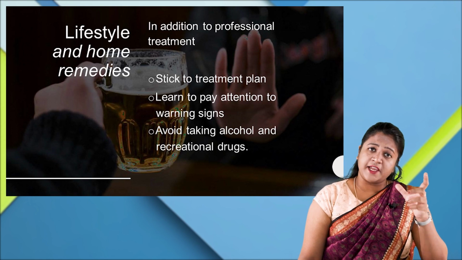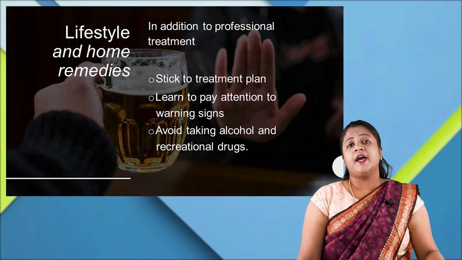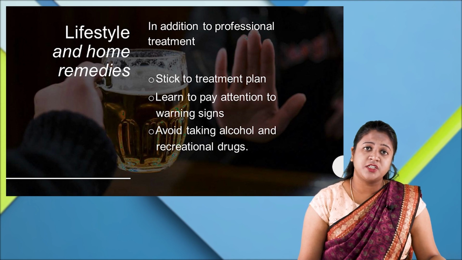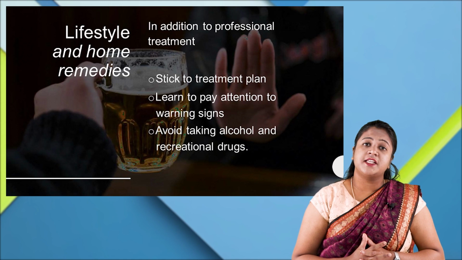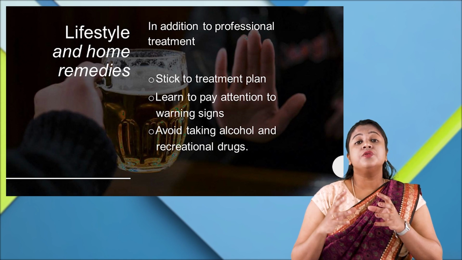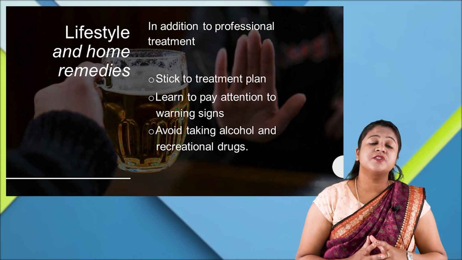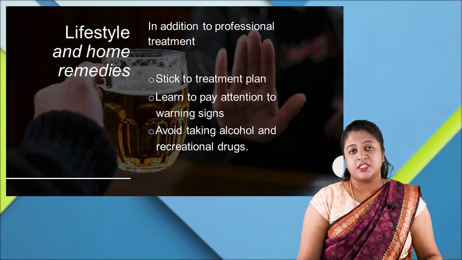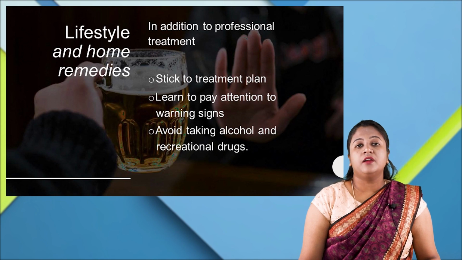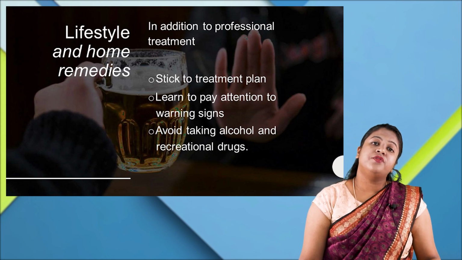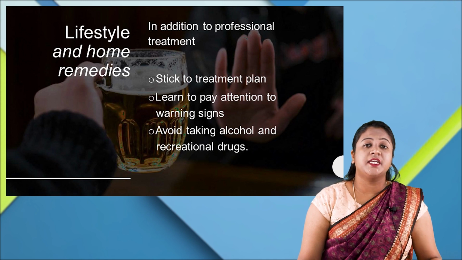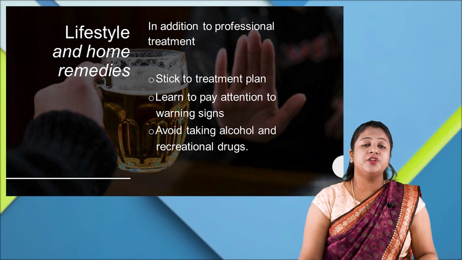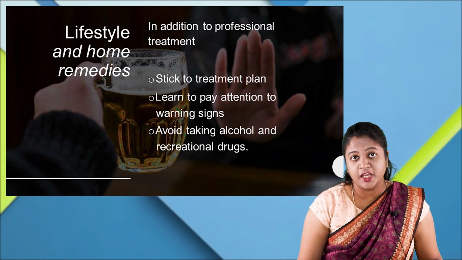Watch for slight changes in the mood, feelings of depression, anxiety, irritability, or any such feelings that are not right. You have to always monitor those feelings. Avoid taking drugs or alcohol or any kind of substances that you can get addicted to. These are very important to bring about changes in the lifestyle of the client.